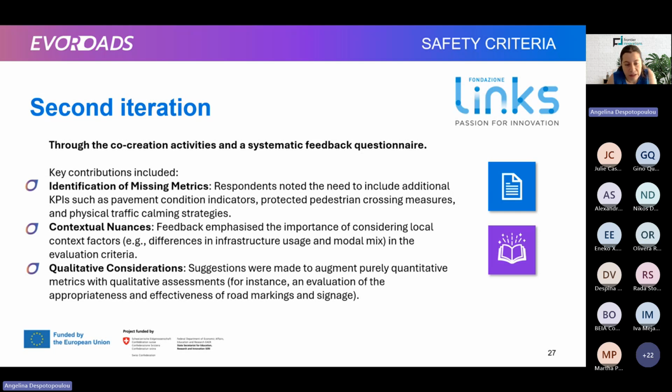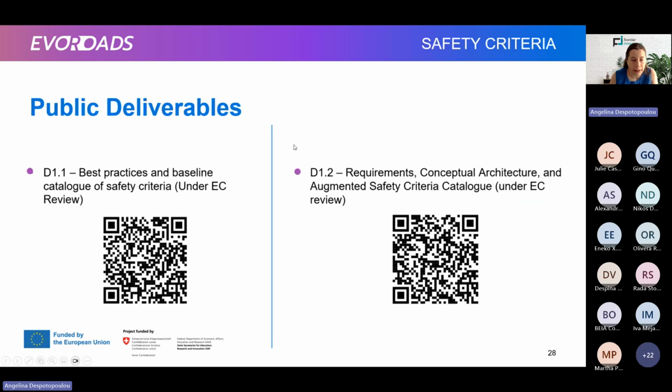As the slide says, suggestions were made to augment purely quantitative metrics with qualitative assessments, for instance, an evaluation of the appropriateness and effectiveness of road markings and signals. So not only quantitative considerations, but also qualitative.